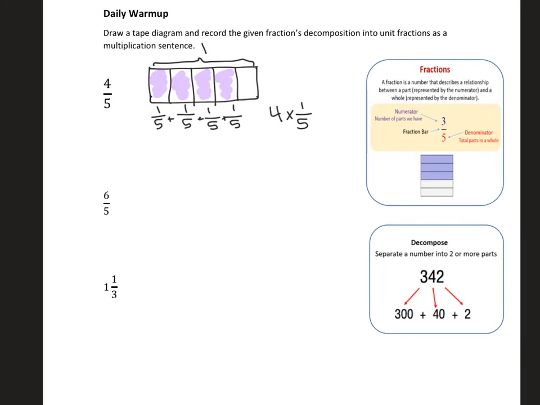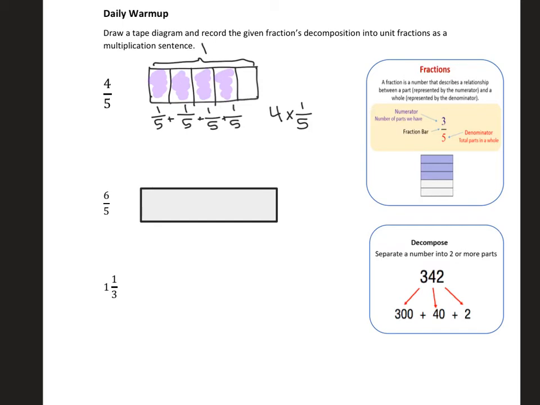On the next one, we have 6/5. I am going to draw my tape diagram. Again, my denominator is 5, so I'm going to split this into fifths.